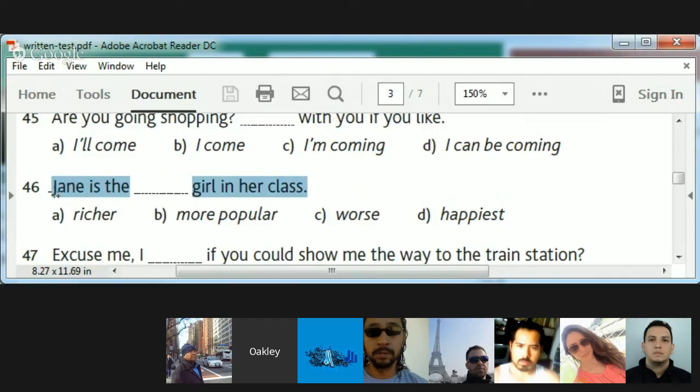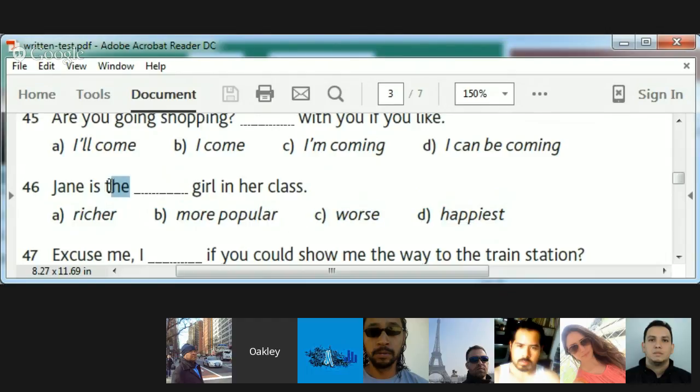Marcus, number 46. Jenny is the more popular girl in her class. No. The key here is we have the definite article, and we got a whole bunch of adjectives here.